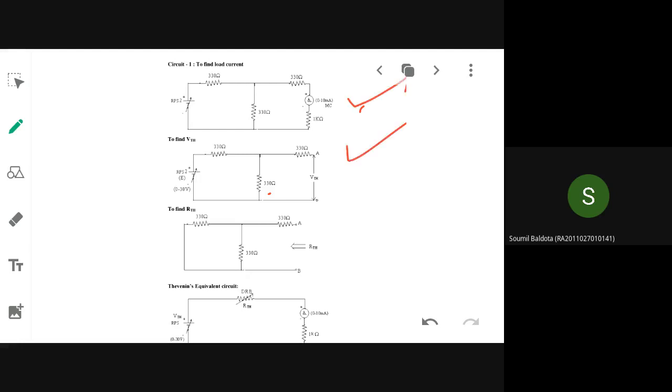In this circuit, you have to find the current through this 1K, and here you have to find out VOC.